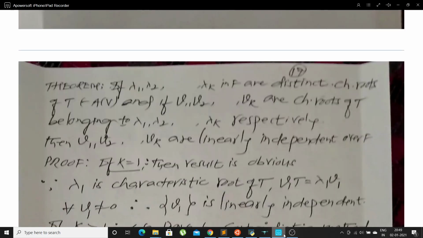Let me prove one theorem. The statement of the theorem is like this.